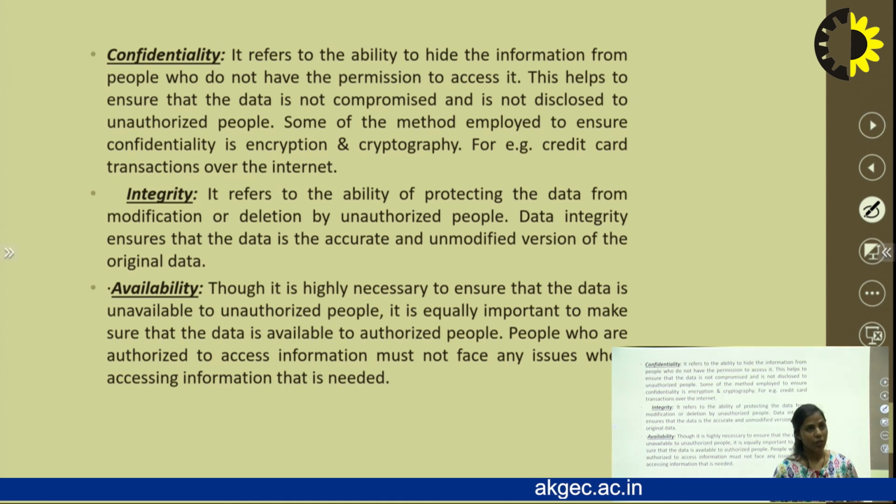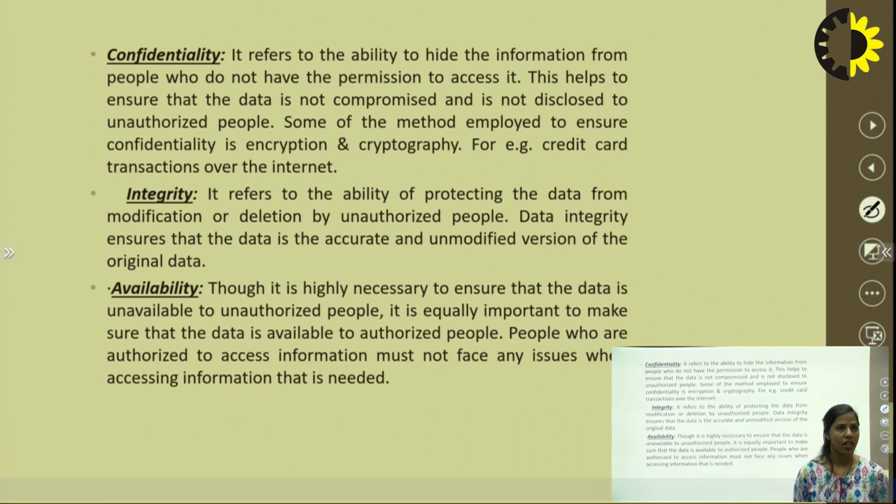Confidentiality means we have the ability to hide information. Whatever confidential data there is, we use confidentiality to hide that particular data. For example, in our day-to-day life we use a credit card over the internet, and that is confidential data. To protect the data from access by any unauthorized person, we use confidentiality.